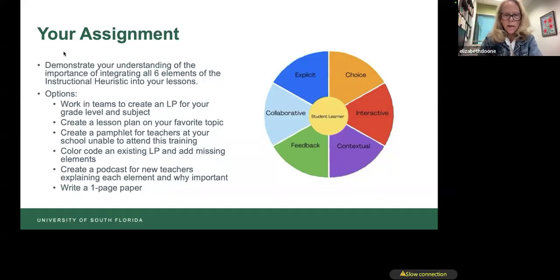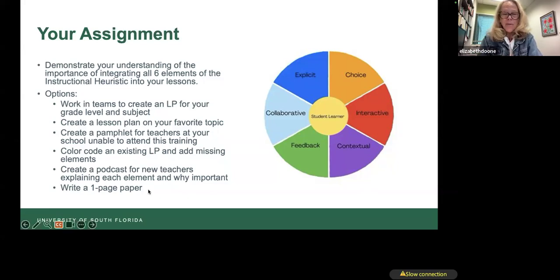You could color code, so Grace can take her existing lesson and color code it to show me that she's included these elements and that she's added the missing ones in case she left any out, which I don't think so. You could create a podcast for new teachers explaining why each element is important, or you can do the old pencil and paper and write a 1-page paper about why these elements of the instructional heuristic are important.